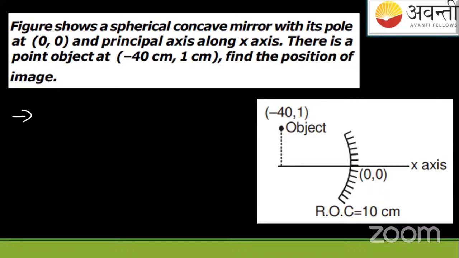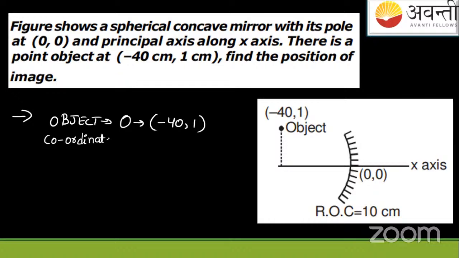See, you are given here that the object is this, O. And this object has the coordinates -40 and 1. What are the object's coordinates? -40 and 1.